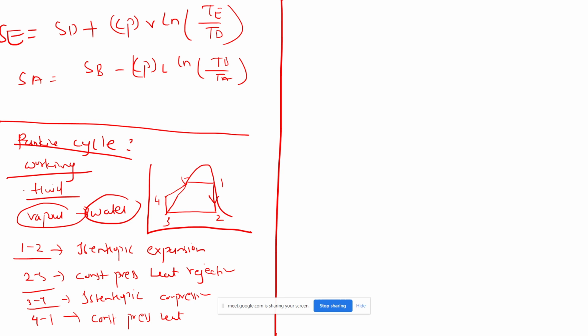You can also include 5, because 5 is also going for heat addition. So the only difference is the working fluid. There we are using gas, here we are using water or vapor.